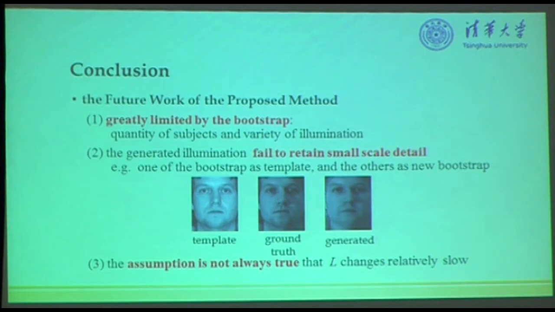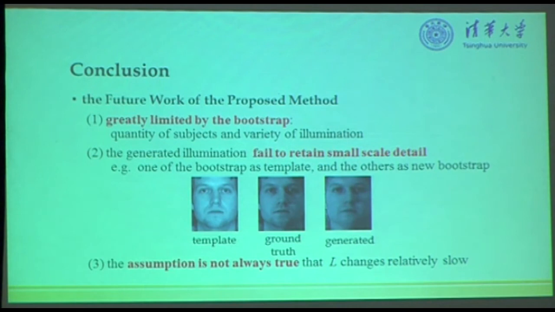And the third one, the assumption that the L changes relatively slowly, is not always true, but it won't be a very serious problem in our algorithm. Why? Because our template is often front lighted. In the front lighted image, there is no shadow, which means the illumination changes slowly.